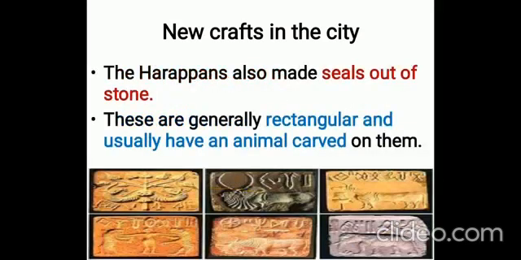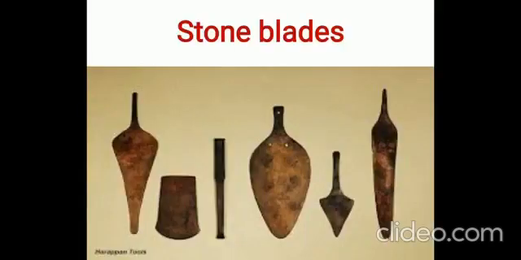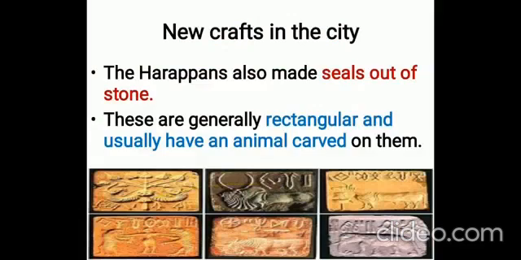Yes, students, are you seeing? All these seals are rectangular in shape, and usually they have animals carved on them. You can see different types of animals carved on these seals. The Harappan seals were also made out of stones.